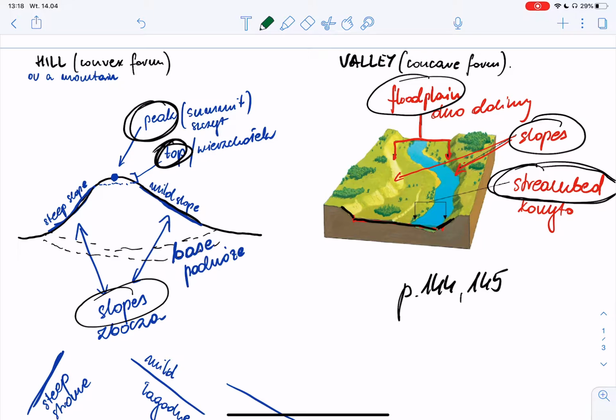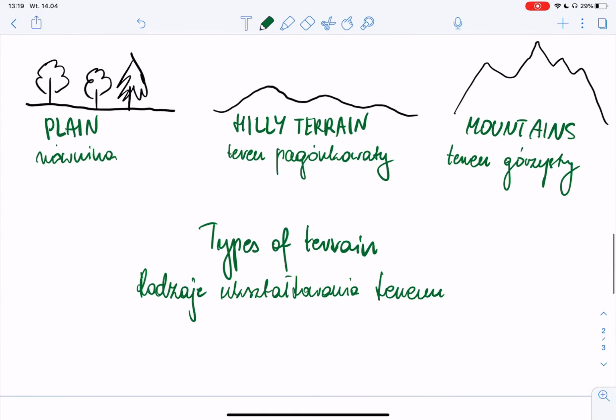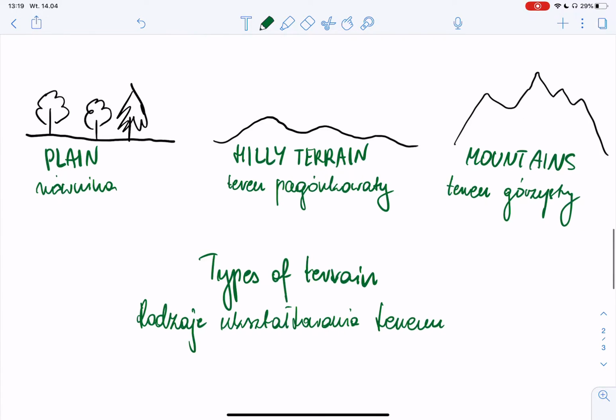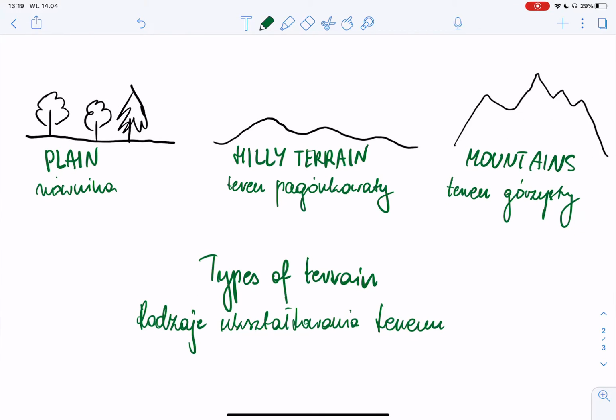Hills have peaks, they have tops, they have slopes, and also the bases. If it comes to the valley, then it consists of a floodplain, which is the bottom of the valley. It consists of slopes, usually on both sides, and the stream bed in which the river flows. We also have a few types of terrain, such as plains, hilly terrains, or mountains.